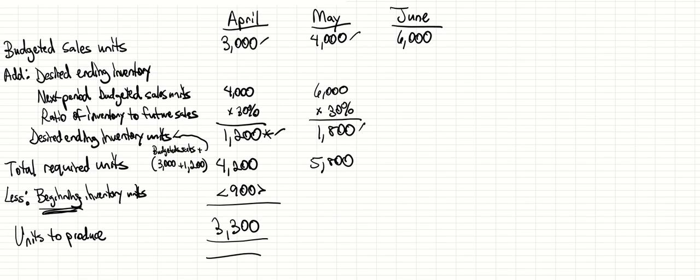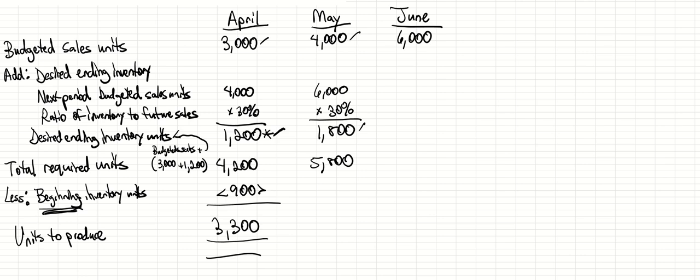Now we're going to subtract out the beginning inventory in units. Now we are in the month of May, so we have to look backwards, and we're going to have to subtract this 1200 here that's from April, and bring it into May.